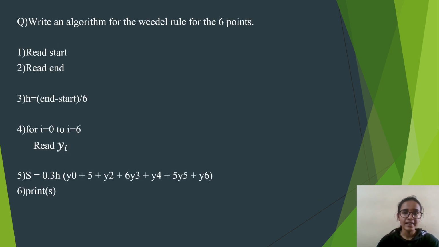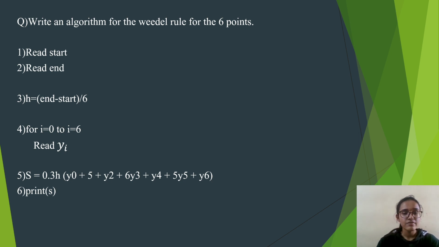Next question is, write an algorithm for the Weddle rule for 6 points. So the algorithm will be: we take the start value, then read the end value, and then set the height, that is end minus start upon 6. Weddle rule is given for 6 points, so we divide by 6.